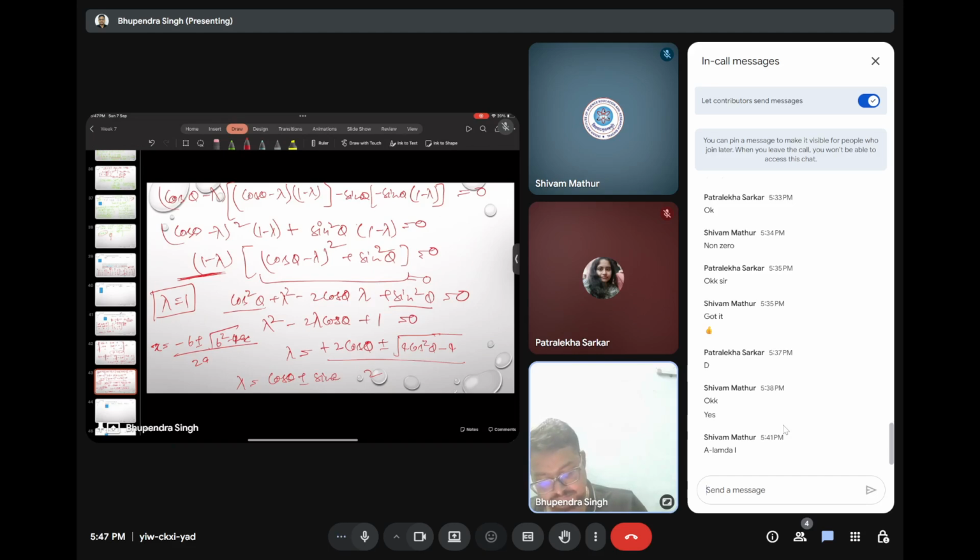sin theta divided by 2, because this will turn out to be cos theta square minus 1 whole square. So it will be like sin square theta, root over sin square theta. So it will be sin theta.